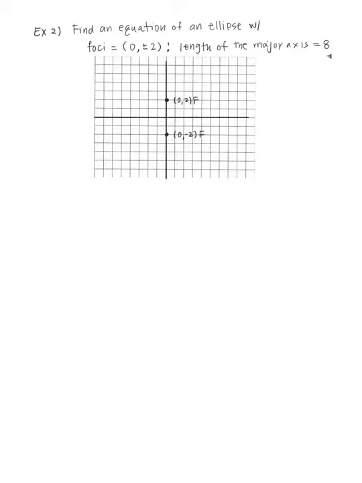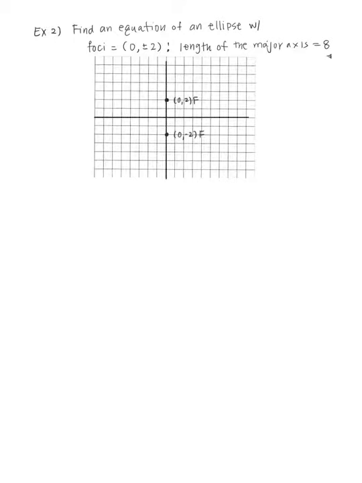Sorry, I meant to say tall ellipse, not long ellipse. Anyways, we know that the length of the major axis is 8. So that means that from the center, you're going to have to go up 4 and down 4.